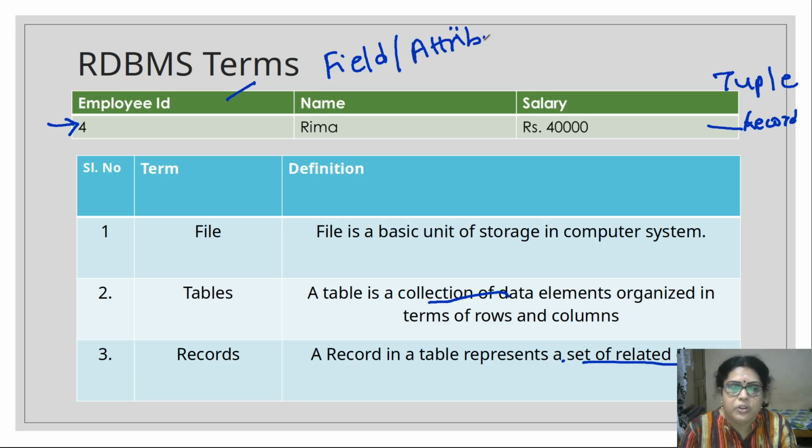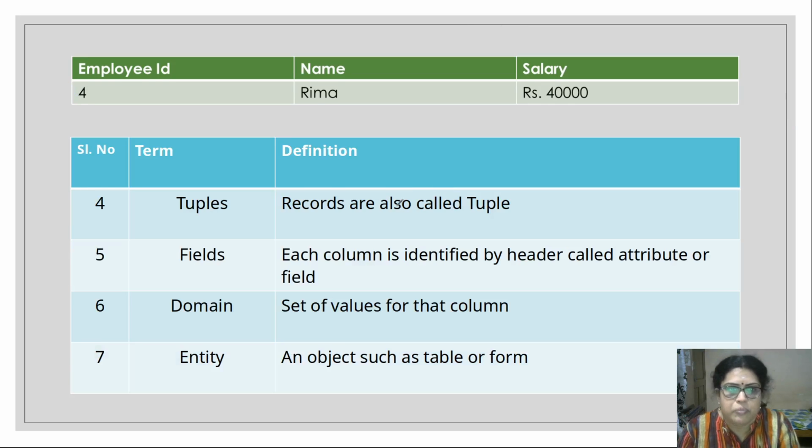These are a few terms that you should know in RDBMS. Records are also called tuples, and each column is identified by a header called an attribute or field. So here we have the employee ID field, the name field and the salary field.